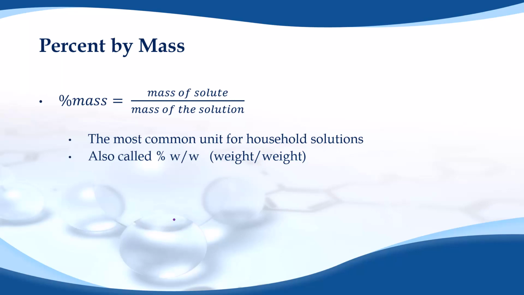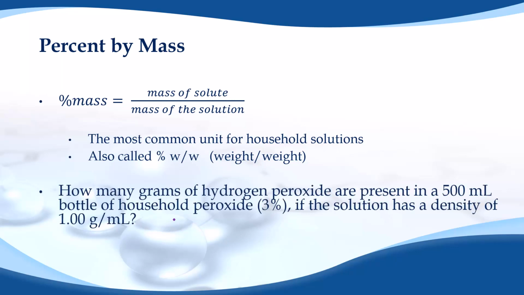As an example, we have hydrogen peroxide. Household hydrogen peroxide is a 3% solution. So if we have 500 milliliters, and the density of hydrogen peroxide we're going to assume to be the same as water, right? So 500 milliliters means 500 grams. If we have 500 grams of hydrogen peroxide solution, and it's 3% peroxide, how much peroxide is dissolved in the solution?